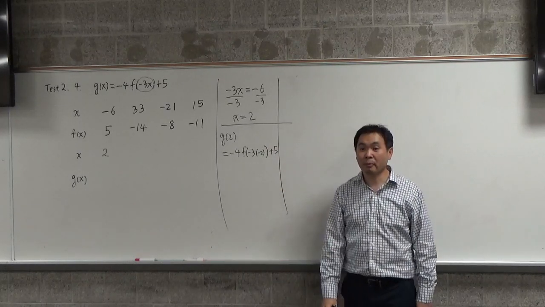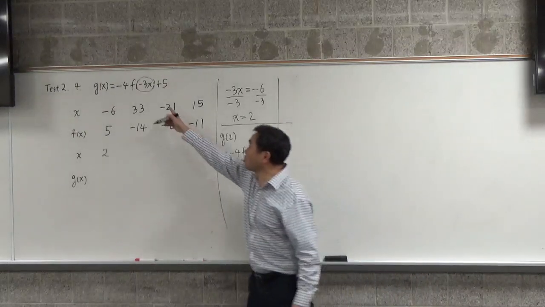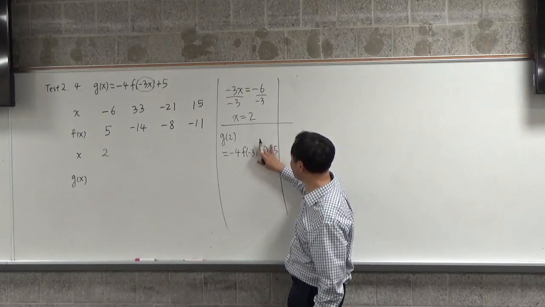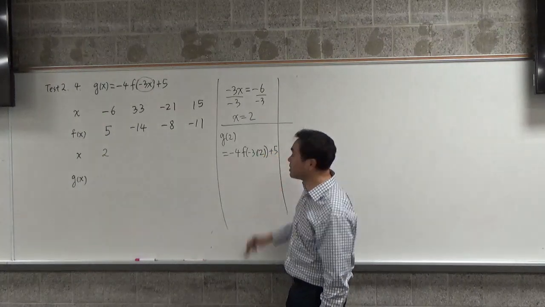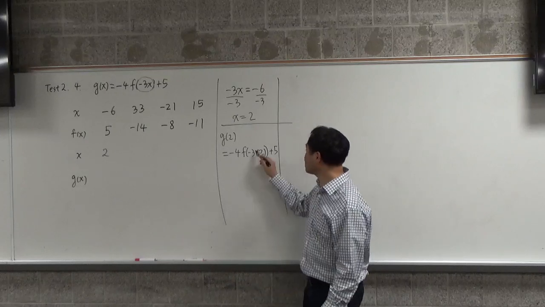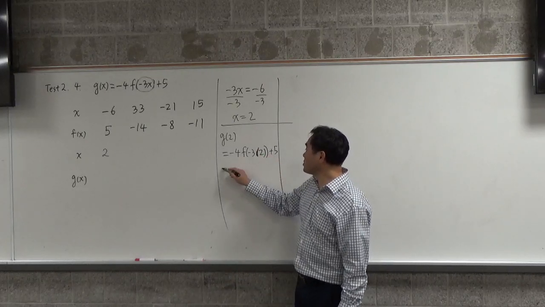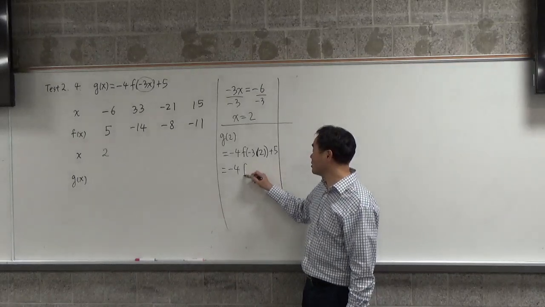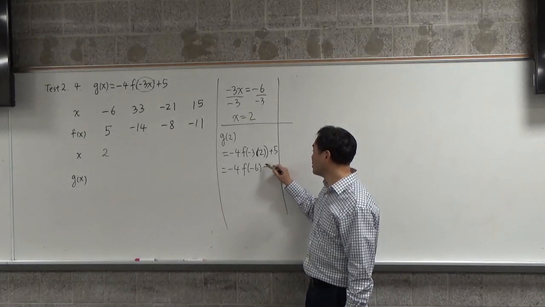Do you agree? All I did was take this definition and plug in 2. But what is that? Negative 3 times 2 is negative 6, plus 5.